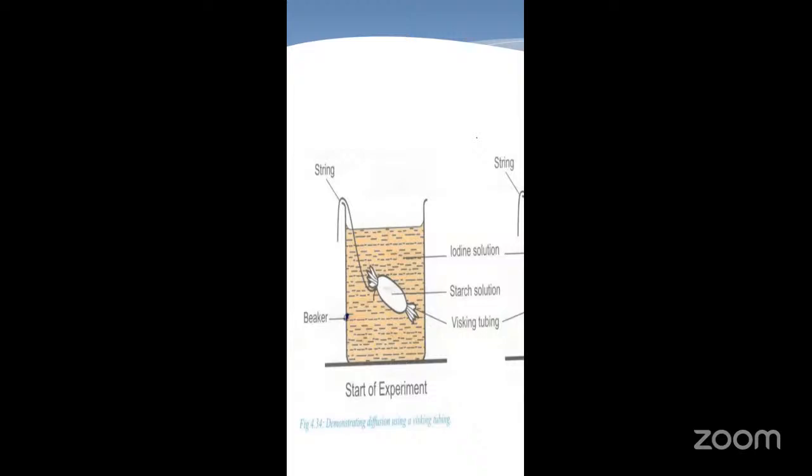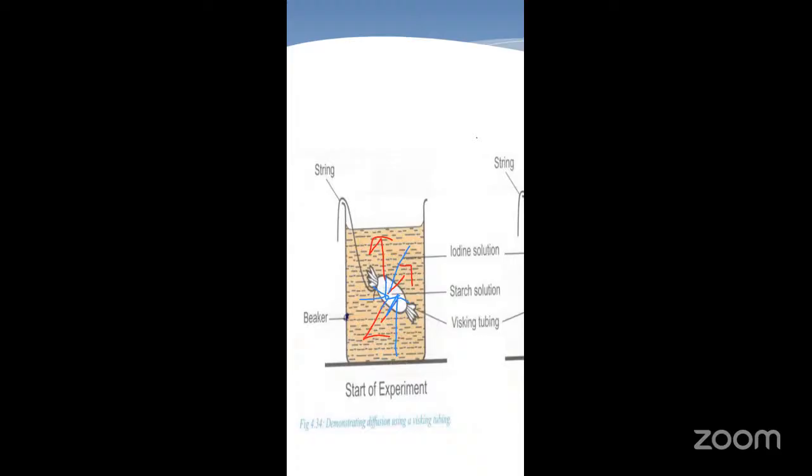Because we are talking about diffusion, two things are expected to happen. For example, you expect either starch solution will leave the whisking tubing and move into the beaker. That is the first expectation. Or if that does not happen, then iodine solution will be the one to move inside the whisking tubing.